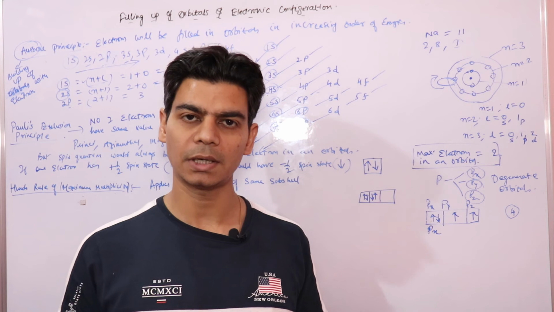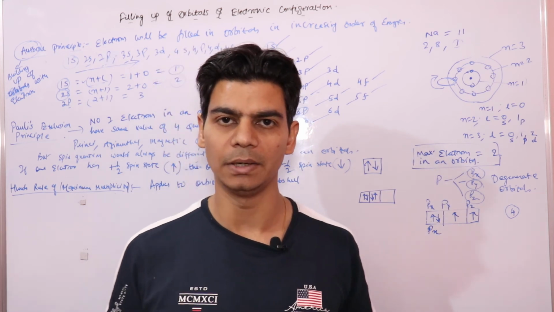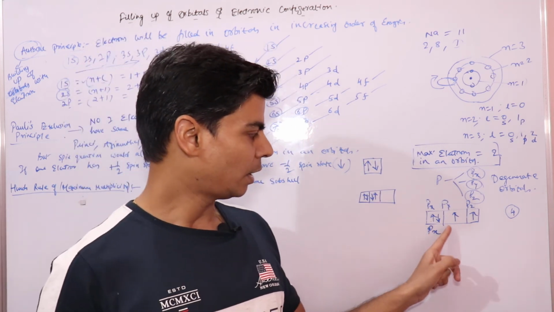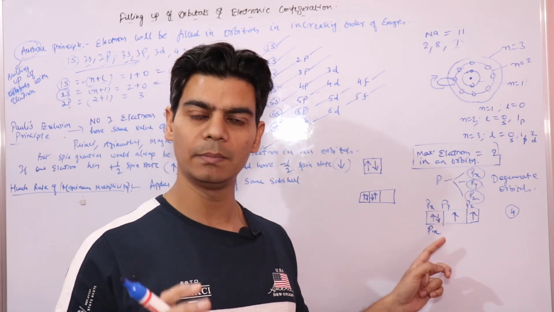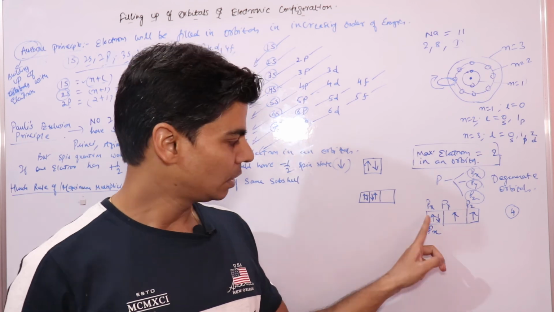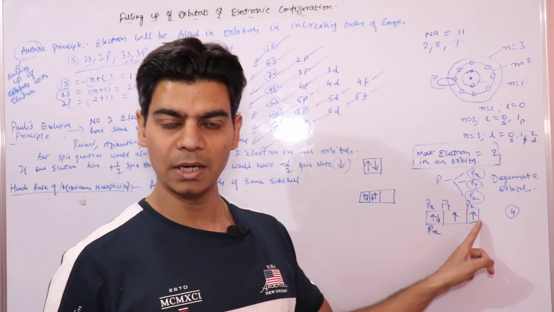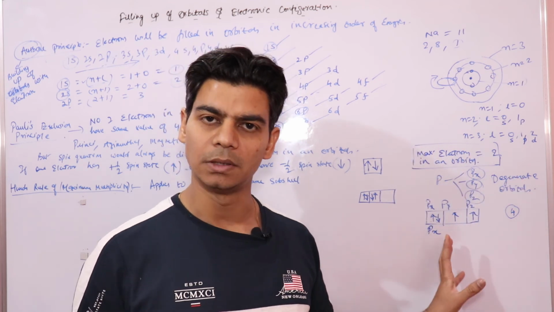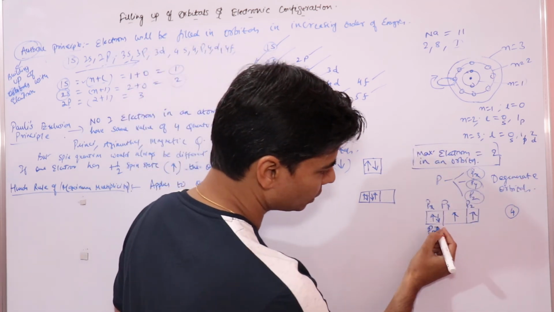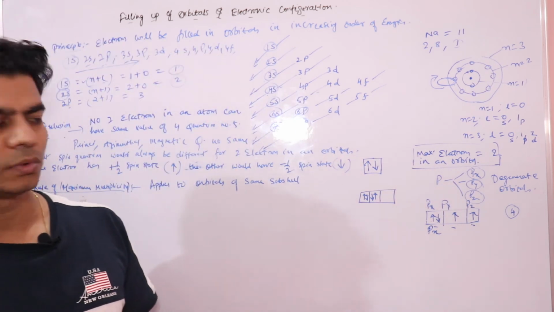If I have more inter-electronic repulsion, that will lead to instability. So in order to have minimum inter-electronic repulsion, I will have maximum unpaired electrons or maximum singly occupied orbitals.